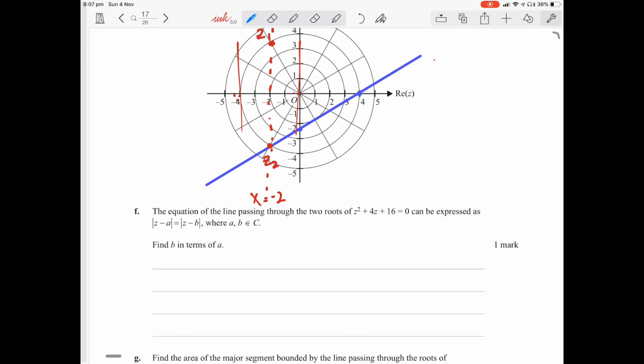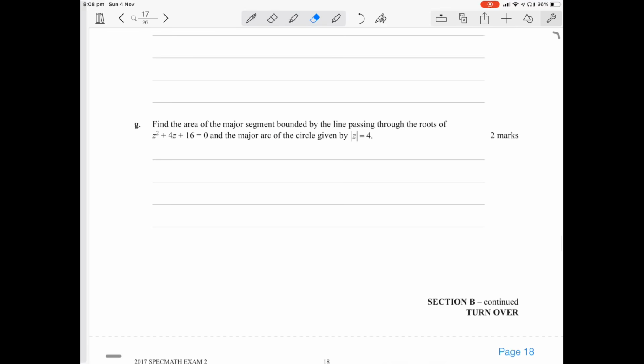A in terms of B. So just say B is this over here, B plus 4, because it's been moved to the left. Let's leave that one for a while.